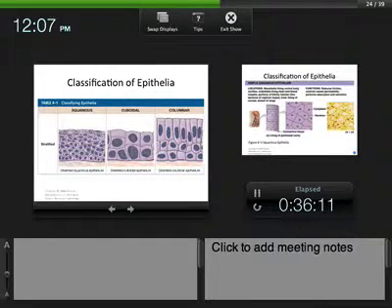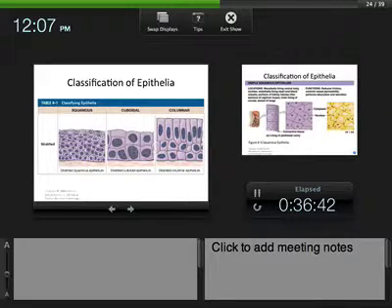This gets more complicated when we move on from simple to stratified. Strata means layers. So stratified squamous epithelial cells are layers of these squashed down cells that form an epithelial layer.